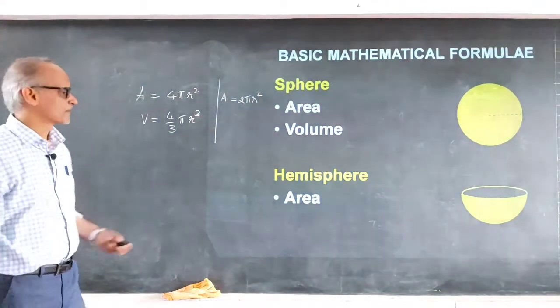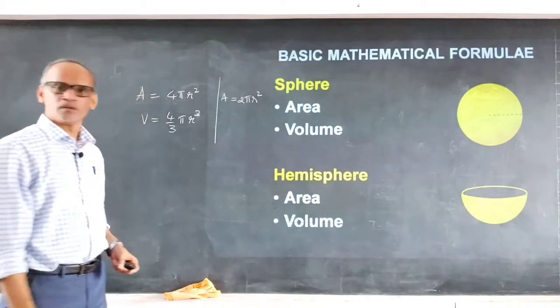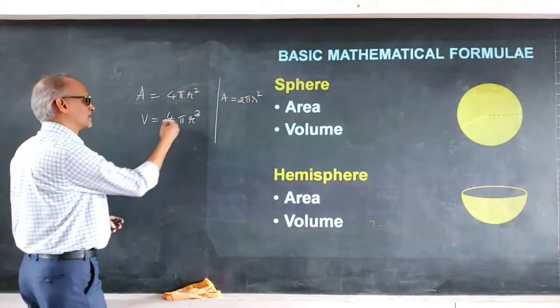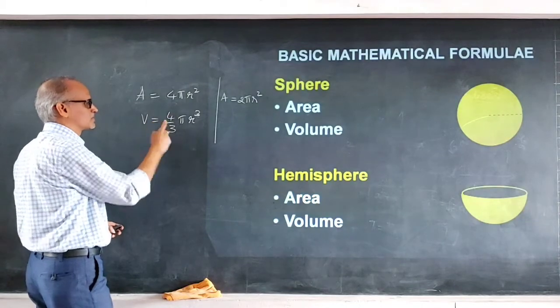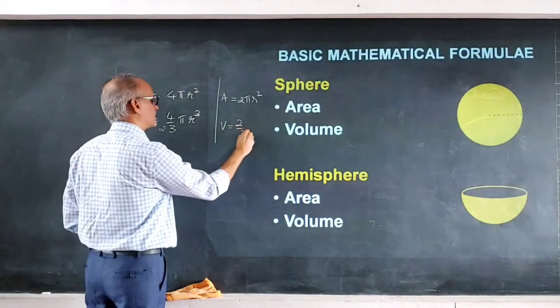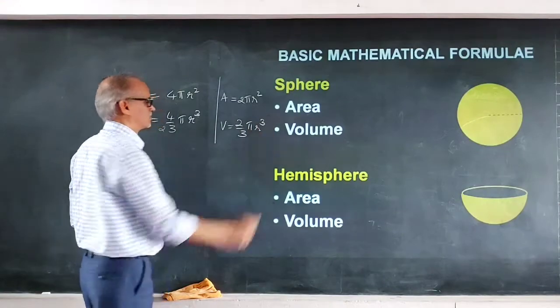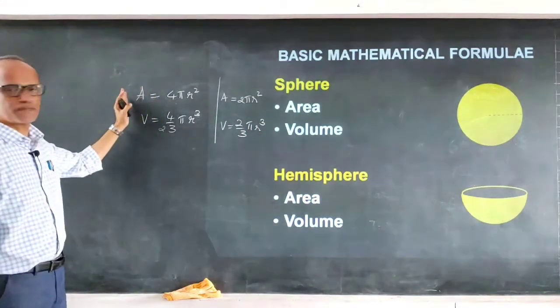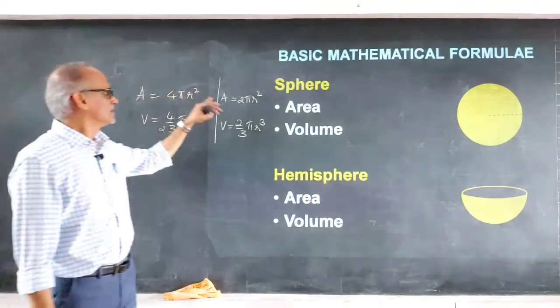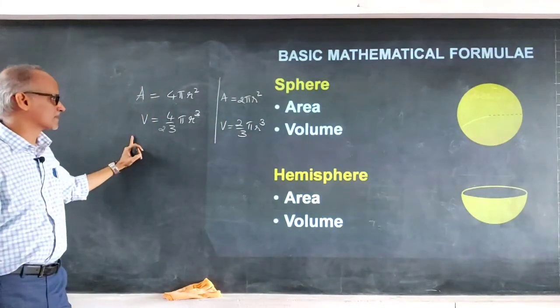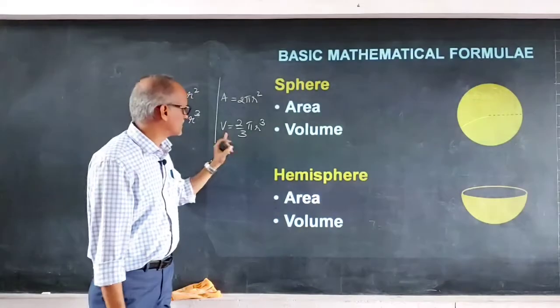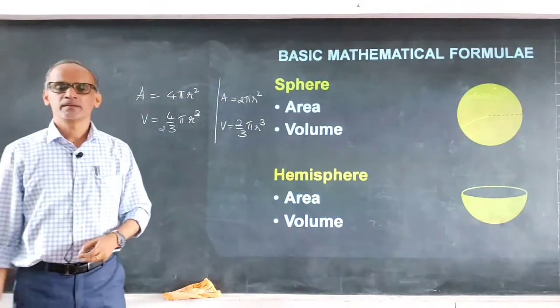Similarly, volume is half of this. So divide by 2, 4 by 2, I will get 2. So therefore volume is 2 by 3 pi r cube. Understood? So half of the area of the sphere is 2 pi r square, which is the area of the hemisphere. Half of the volume of the sphere is the volume of the hemisphere, which is 2 by 3 pi r cube.